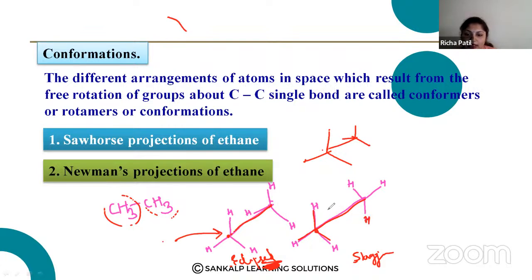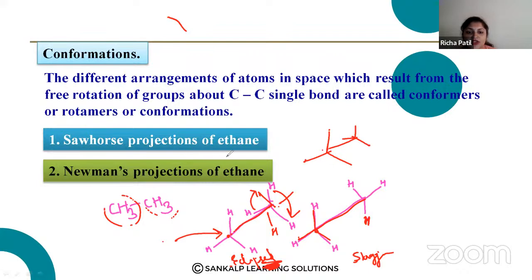After rotating it by 90 degrees, this will go to the bottom. Just see, this will come here, this will move here, and this will come here. Like this, it forms a staggered conformation.